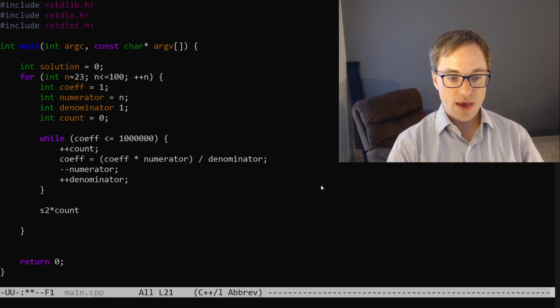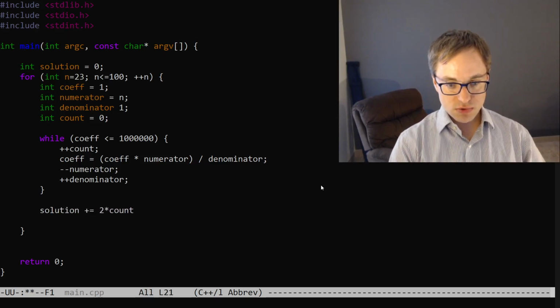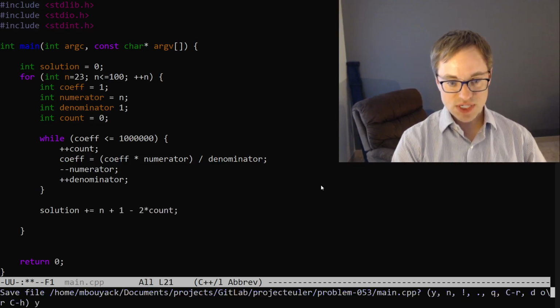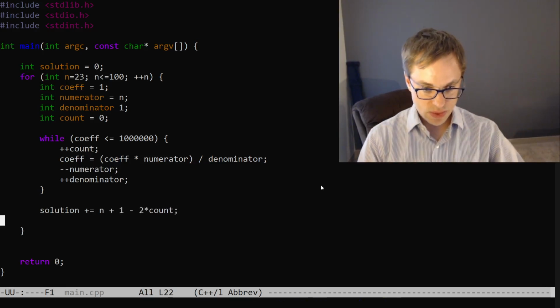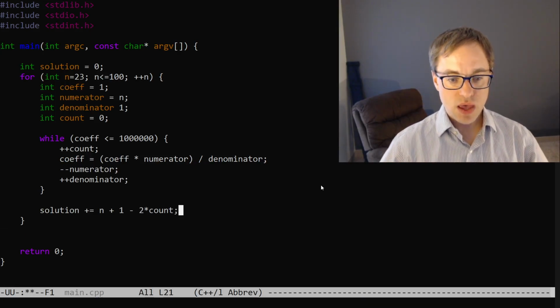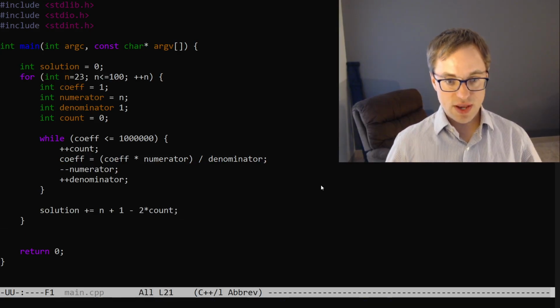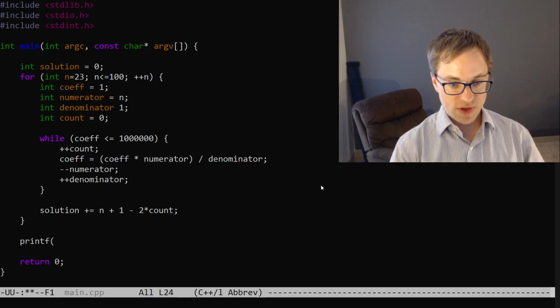So we're going to say solution plus equals n plus 1 minus 2 times count. Okay. And then we're going to try the next value of n and continue until we get to n equals 100. And at that point, we should print out our solution. So we'll say printf, solution equals %d, solution.